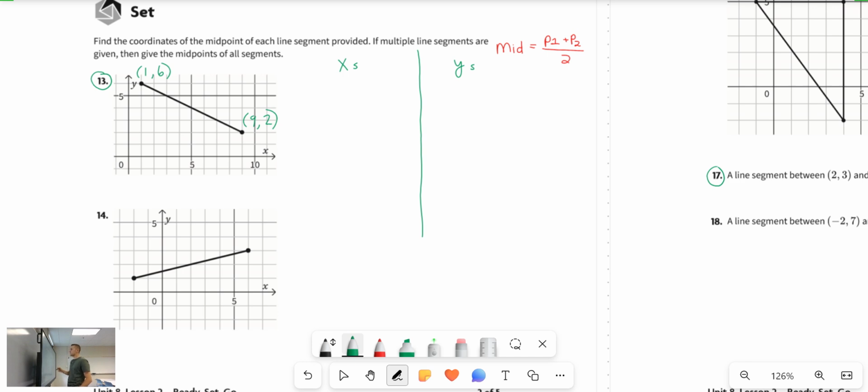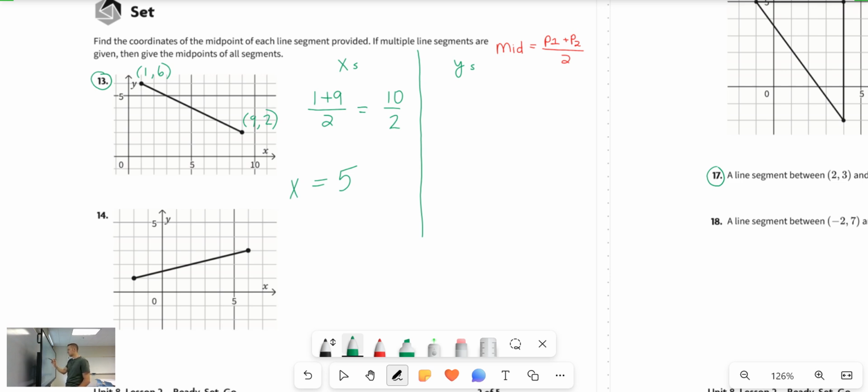All right, so our x's, if we just add the x's together, that's going to be 1 plus 9 divided by 2, which is equal to 10 divided by 2. So our x midpoint, the middle of the x's, is going to be 5.